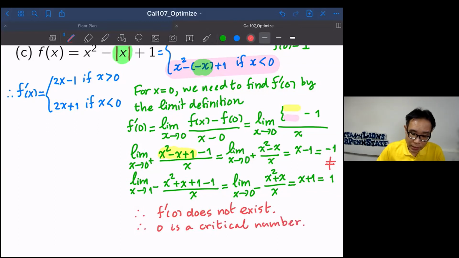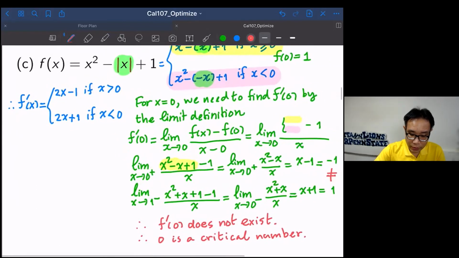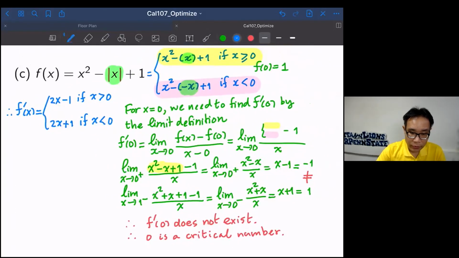The next thing we're going to do is go back to this and find the points where the derivative equals 0. So you solve for x where 2x minus 1 equals 0 and 2x plus 1 equals 0.